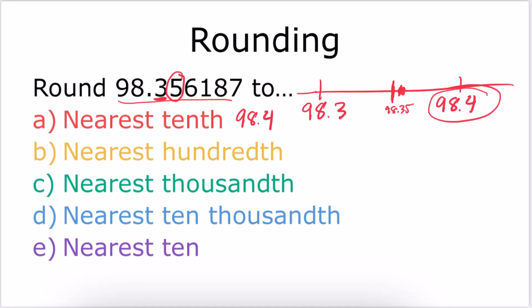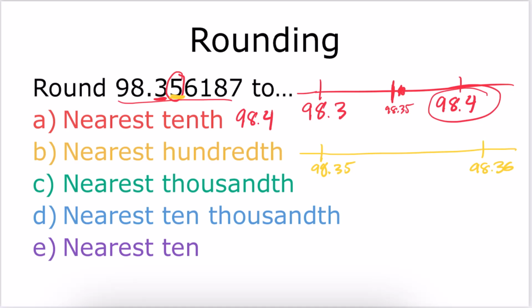But if I wanted to round it to the nearest hundredth, then I would have different numbers that I'd be comparing it to, because if I look at the hundredths place value, well, that tells me that this number is between 98.35 and 98.36, because those are the hundredths values that I'm looking at.